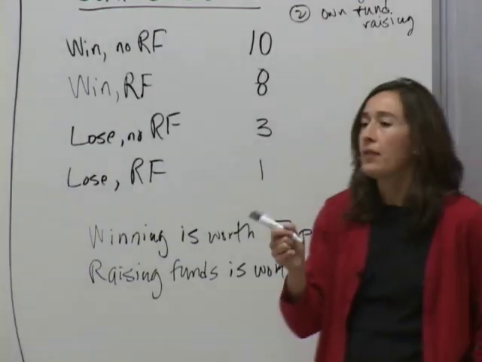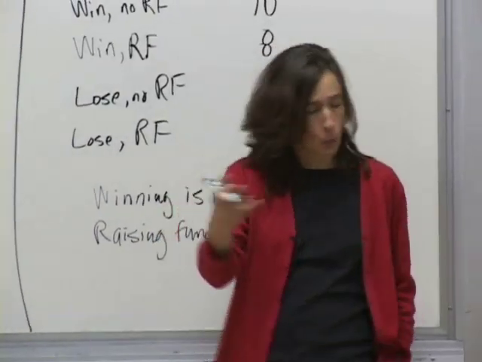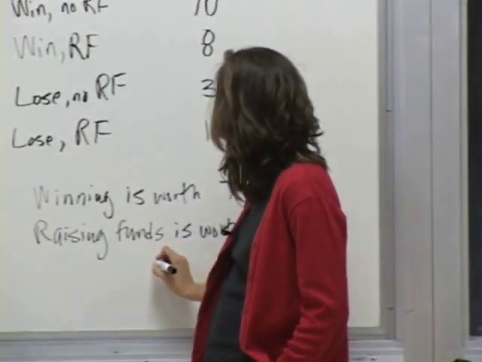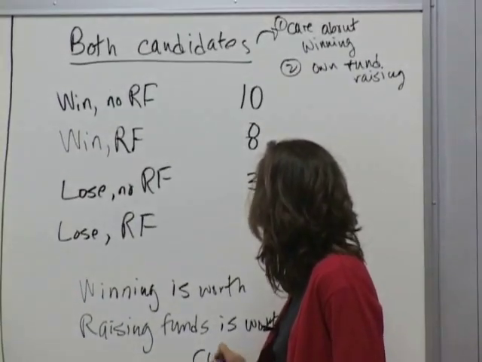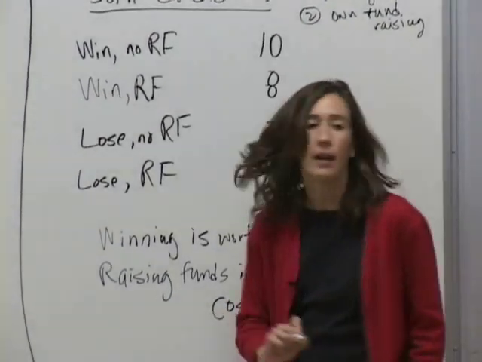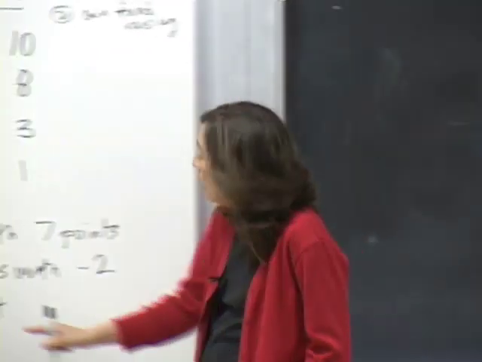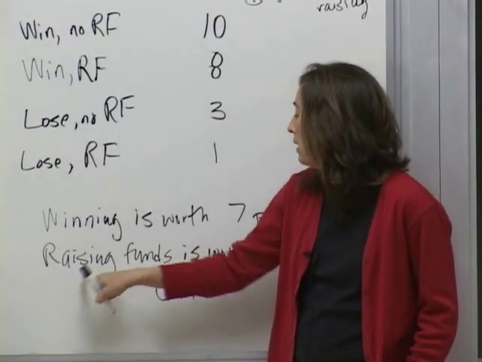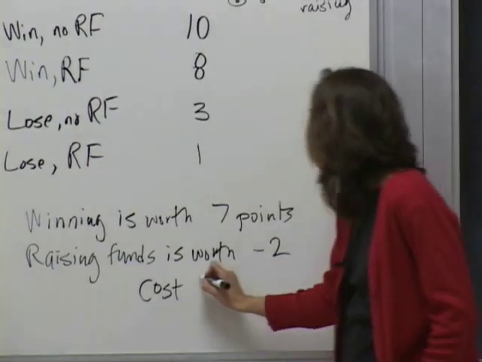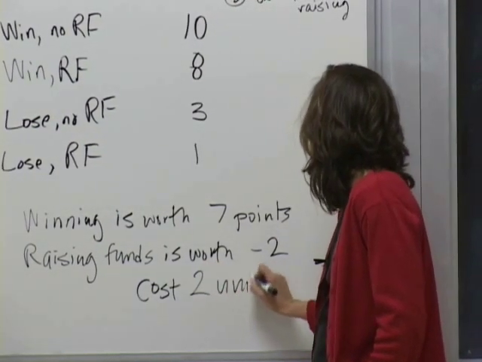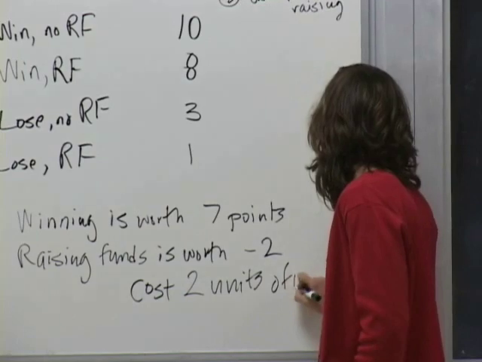Another way to think about this is when you're reading your problem set, I'm pretty sure I used the word cost at some point in that. If I didn't in this problem set, I'm sure I will in a future one. Another way we could just say the same thing is that raising funds costs 2 units of utility.